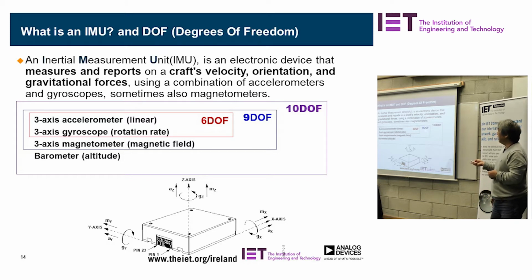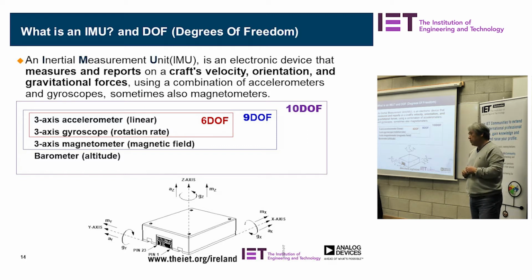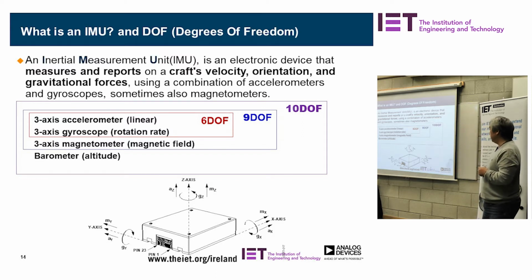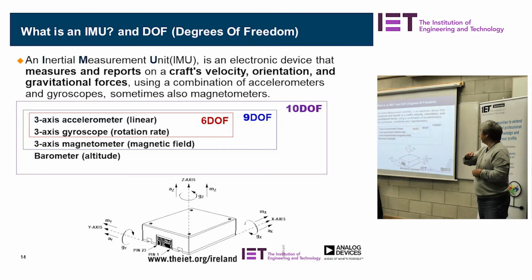Then with another three axes of magnetometer, you get 9 degrees. And with the barometer, you get 10 degrees of freedom. So this is an IMU. It's compact and very small, about a couple of millimeters high now. People buy them like there's no tomorrow because they're very good compared to competitors, price-performance wise.